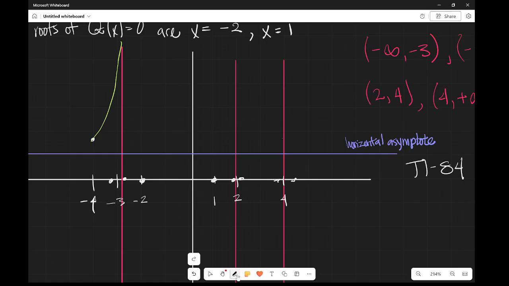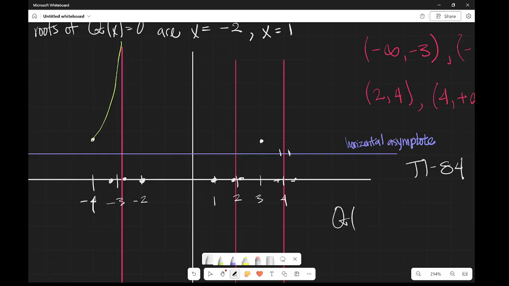Sorry, I made a mistake again. So at Q of positive 3, I got 1.667. So I know the graph runs through that point, and then I calculated it for like right here and right here as well.